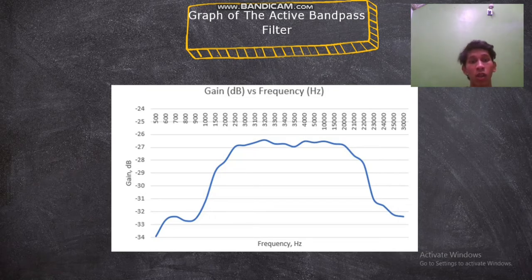Our low cutoff is at 3 kHz, which is negative 26.8, which is the same as our high cutoff at 20 kHz, which is negative 26.8. So as you can see, the graph shows the bandwidth.